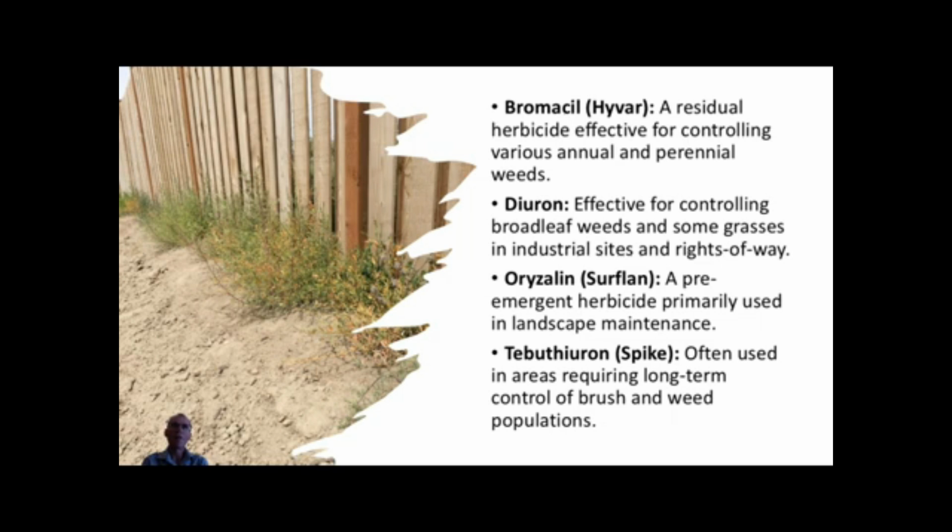Diuron, effective for controlling broadleaf weeds and some grasses in industrial sites and rights-of-way. Oryzalin (Surflan), a pre-emergent herbicide primarily used in landscape maintenance. Tebuthiuron (Spike), often used in areas requiring long-term control of brush and weed populations.